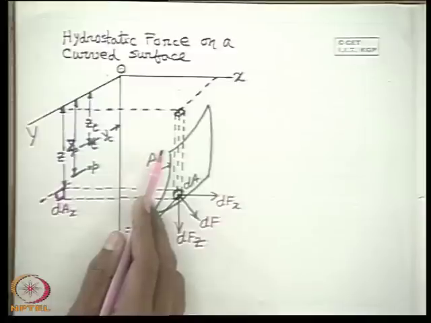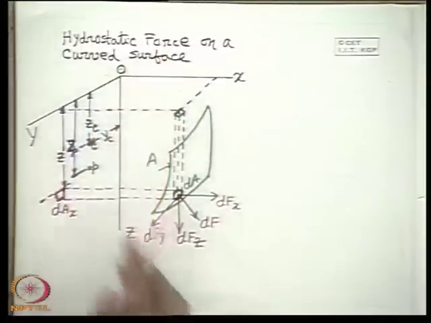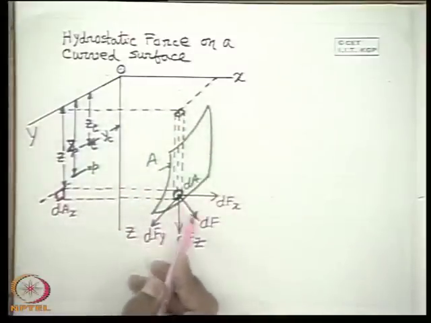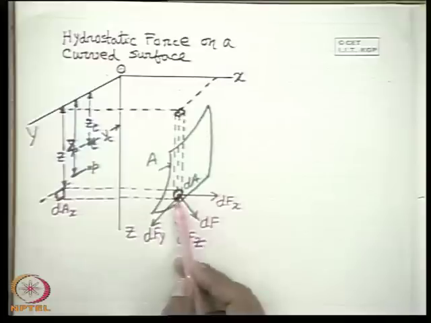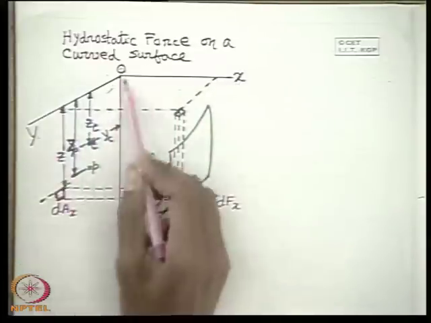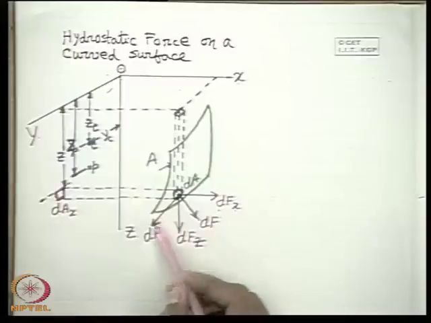We consider the force by the liquid on this side only, and the other side is considered open to atmosphere. This pressure force dF is normal to the area dA. Now, this force can be resolved in three directions with respect to this frame of reference OX, OY and OZ. Accordingly, dFx is the x component, dFy is the y component and dFz is the z component.